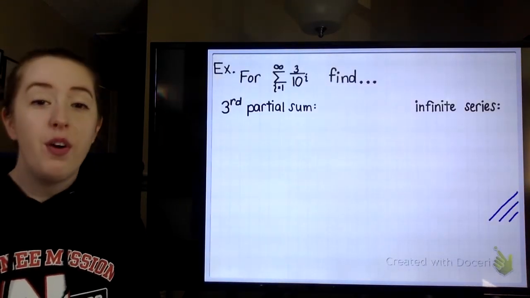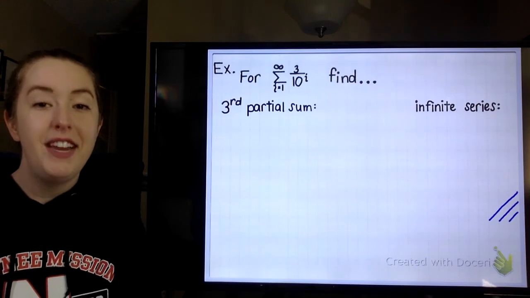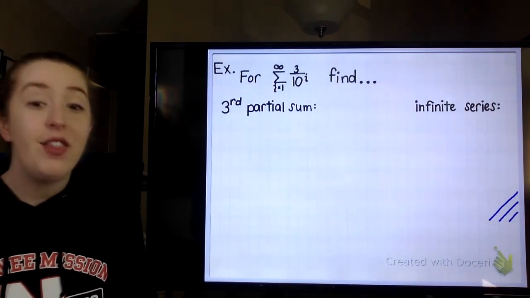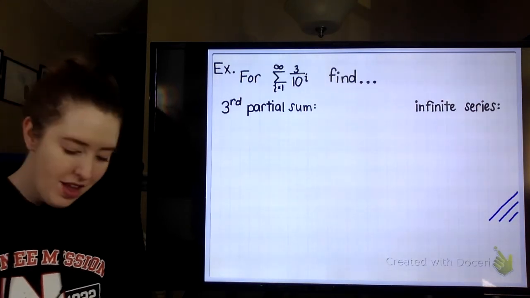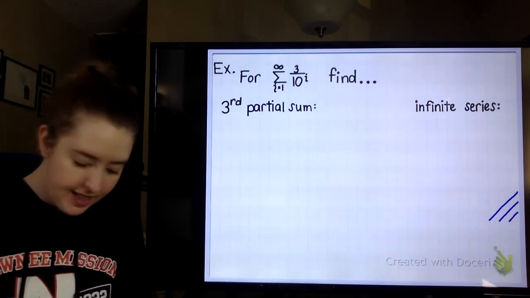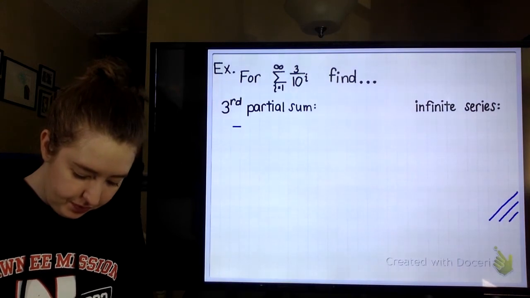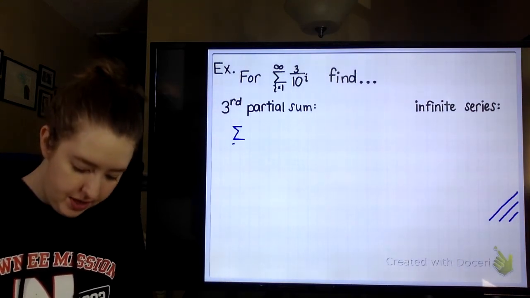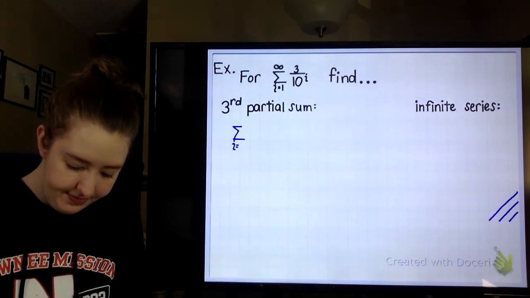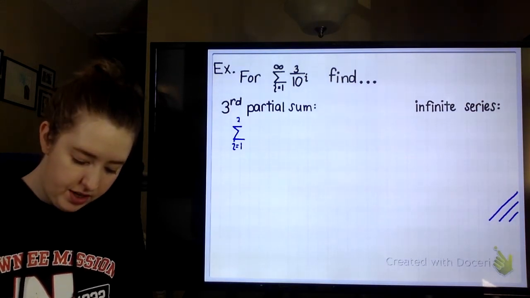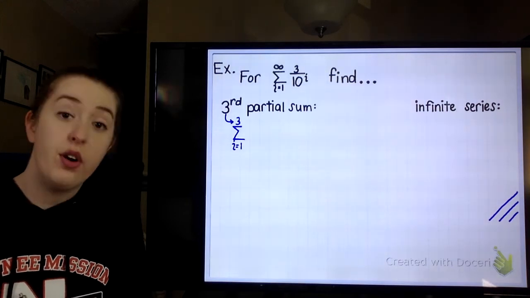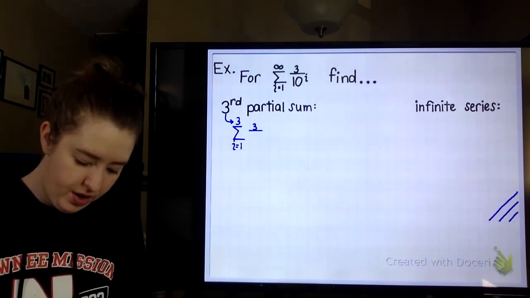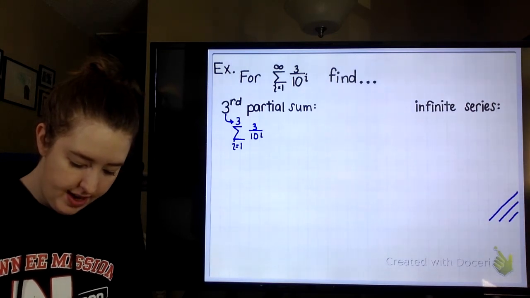So for the sum from 1 to infinity of 3 over 10 to the i, find the 3rd partial sum. So this is really asking me for the sum from the first term through the 3rd term, because they want the 3rd partial sum, of 3 over 10^i.